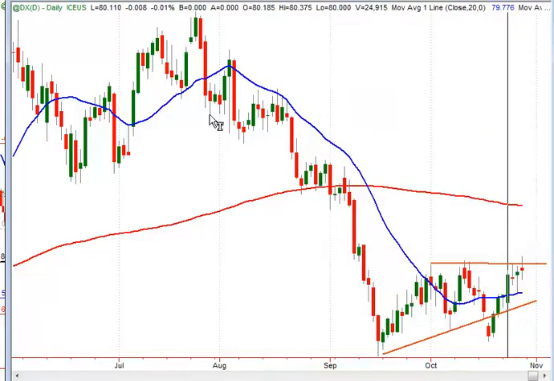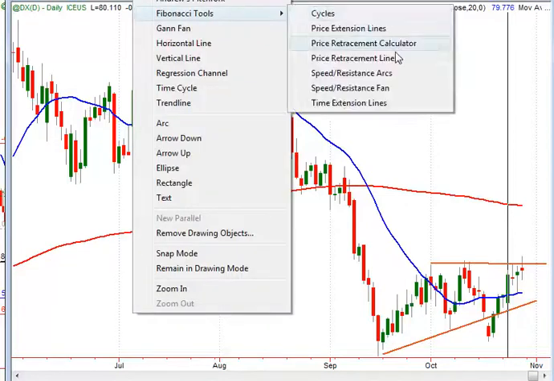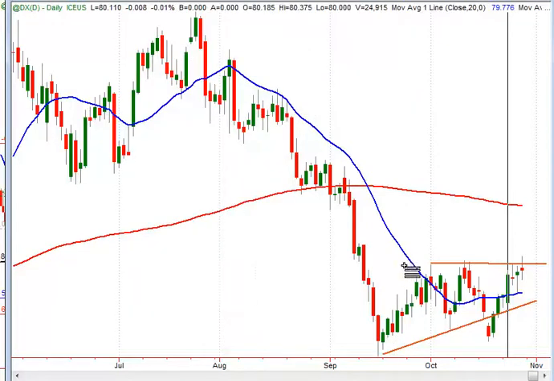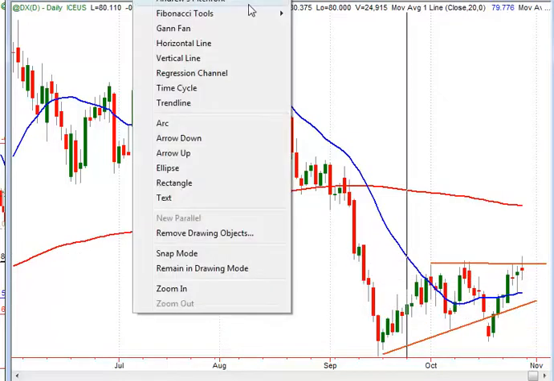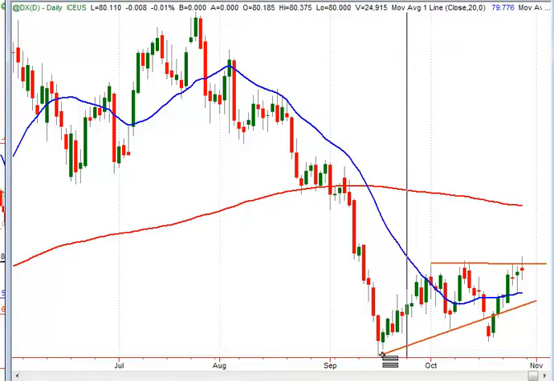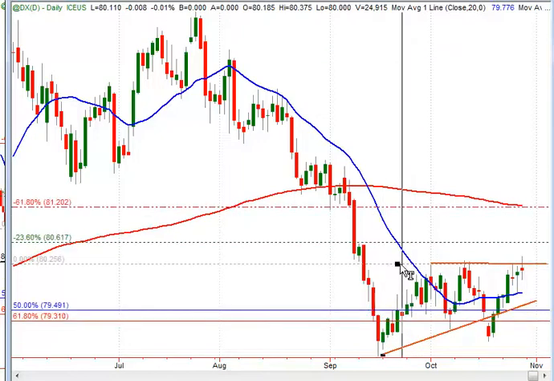Now it seems longs start respecting this measured move higher, and we have a target into the 20-day moving average, and that would be the 81.20 extension target for this move from 79.49.